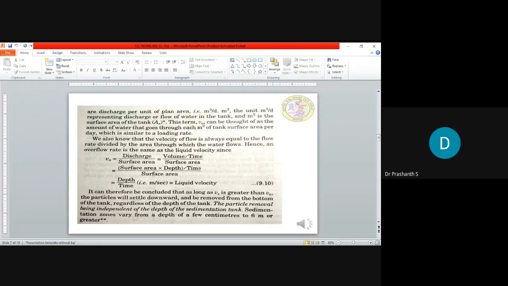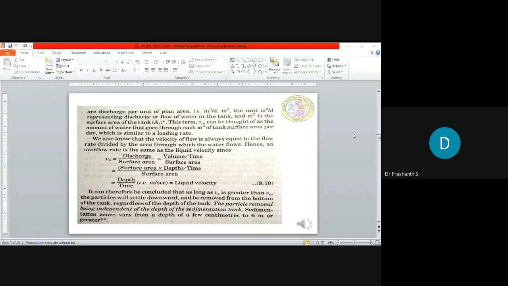We also know that velocity of flow is always equal to the flow rate divided by the area through which the water flows. So, discharge by surface area, surface area cancels, we get depth by time, which is nothing but liquid velocity.